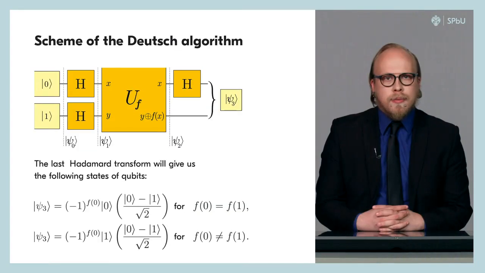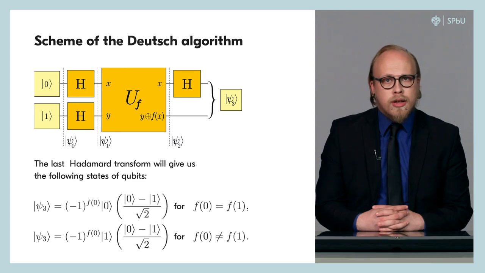And in the last step, using the Hadamard element, we transform the first qubit from the Hadamard basis back to the computational basis. In the end, all we have to do is to measure the first qubit in the computational basis. If we get that the first qubit was in the state 0, then the function f is constant.